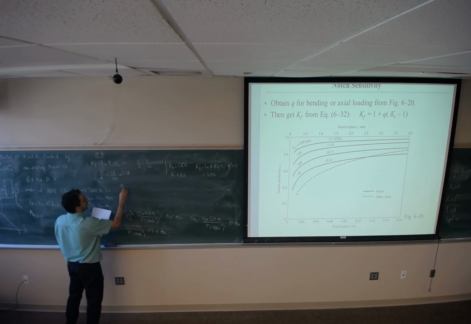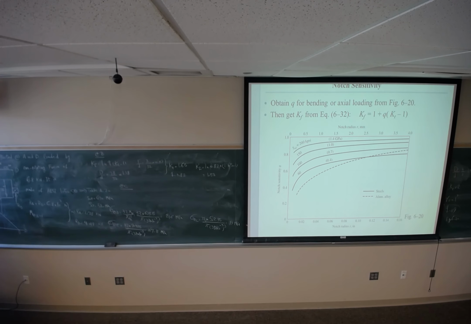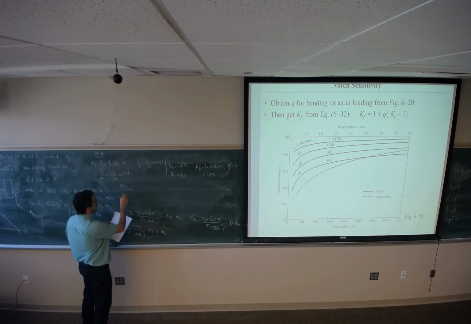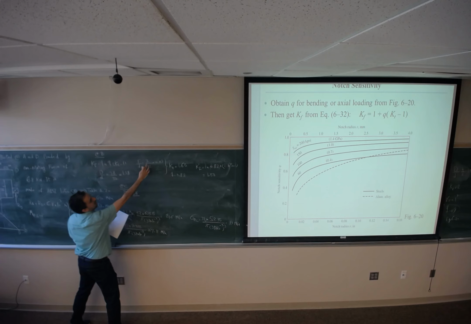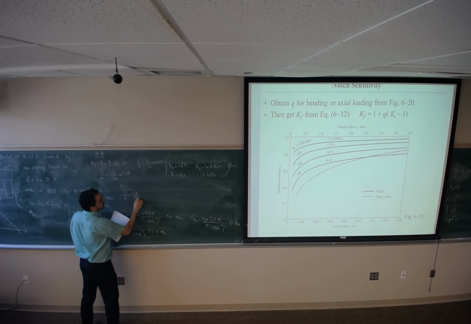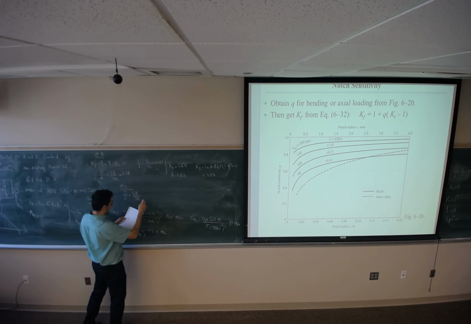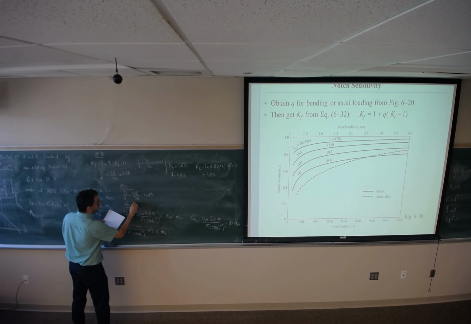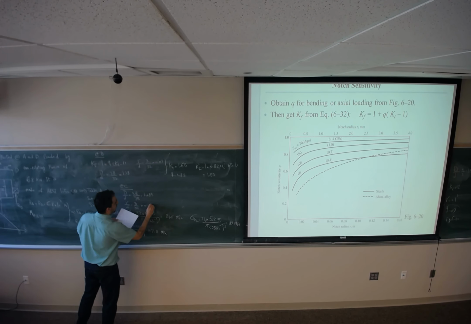At point C, I need to find KF, just repeating the same process except with a different diameter for the smaller component. D over d would be 38 divided by, here we had 32, now we are going to have 35, which is 1.085. r over d would be 3 divided by 35, 0.08.